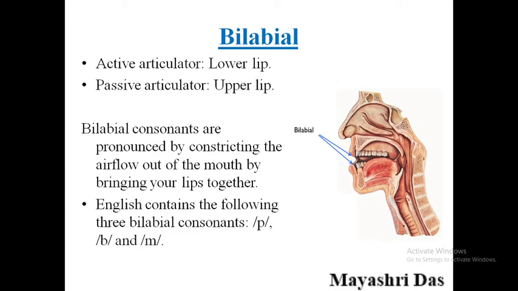Bilabial consonants are produced by constricting the airflow pushed out from the lungs through the larynx and out of the mouth, by bringing your lips together. Both lips make a closure in order to produce this sound. English contains the following three bilabial consonants: pa, ba, and ma.